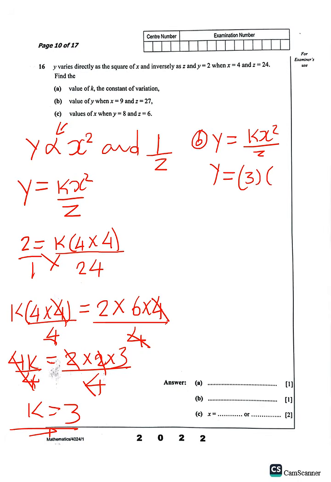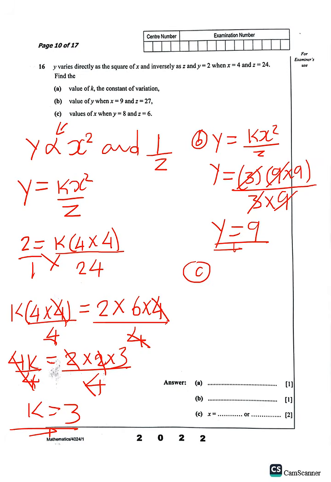X is given as 9, squared, so it's 9 times 9 over, what's our z? 27. How can I break 27? 27 is the same as 3 times 9, so that I can cancel these. So my final answer, y is equal to 9.